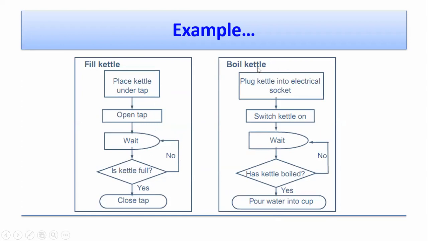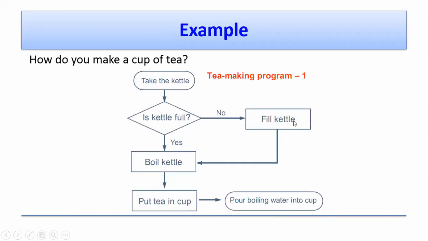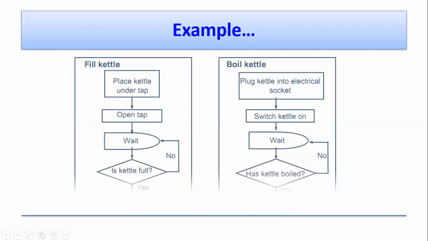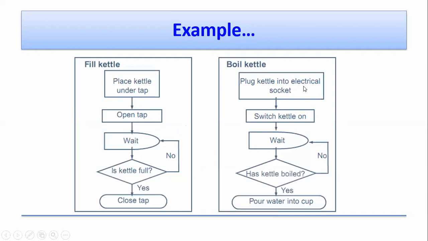And the same sub processing applies to boil the kettle. These two main processes include some sub processes. When you are boiling the kettle, you plug the kettle into the electrical socket, and then switch the kettle on.